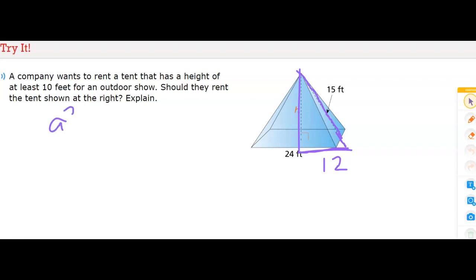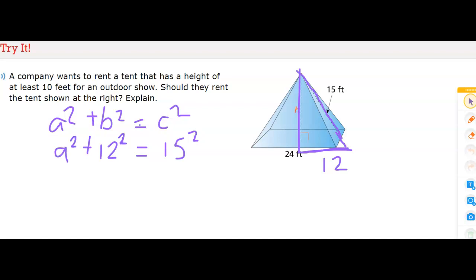So we know it's a squared plus b squared is equal to c squared. We know the c squared is our hypotenuse, so that's going to be the 15. And the legs are a and b, so I'm just going to put 12 here, and a will be our h that we're trying to solve for.